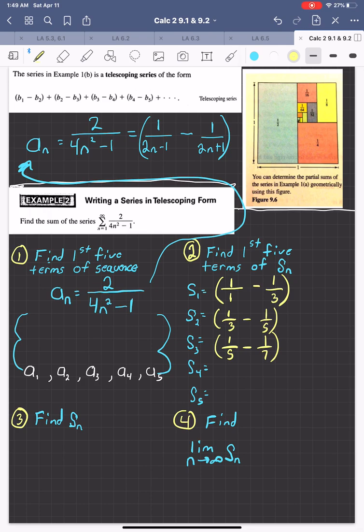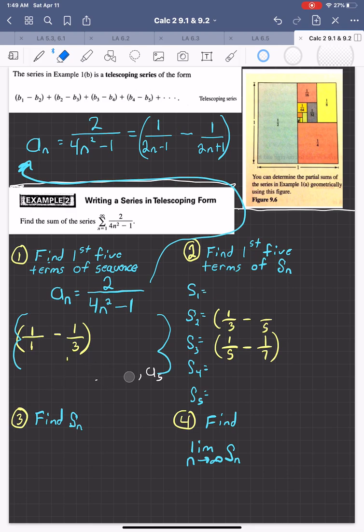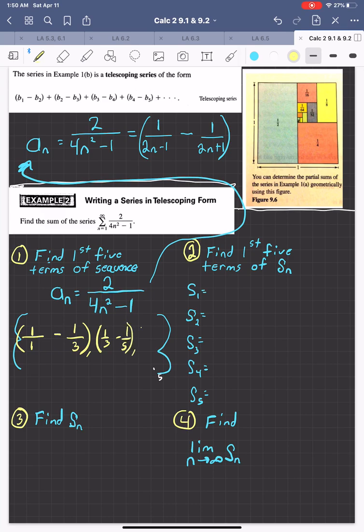I should not have written it there. This should actually go here. This is what happens when you run out of space. I'll show you exactly what I'm doing in just a second. I just wrote it in the wrong spot. So this would be 1/3 minus 1/5, and this would be 1/5 minus 1/7.